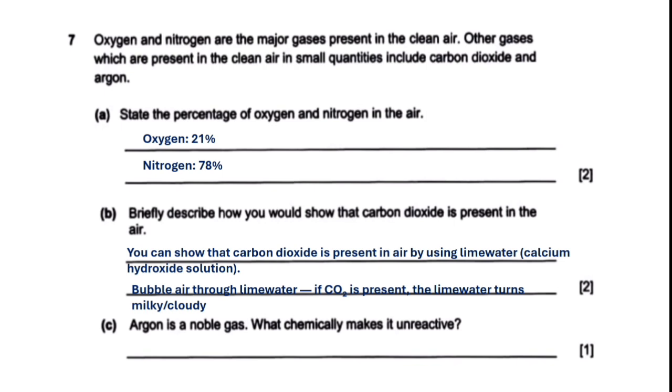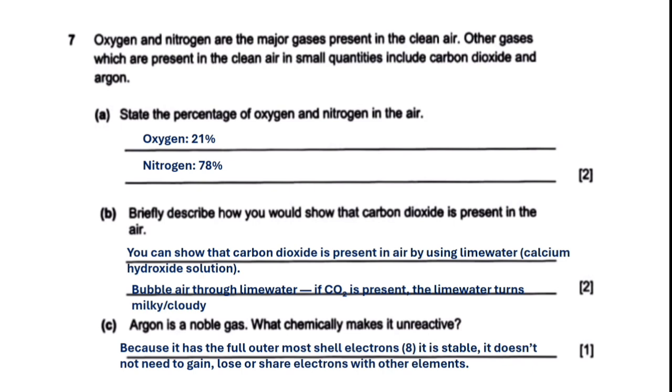So the reason is that it has a full outermost shell of electrons, which is 8 electrons. It is stable. In short, it is stable, and you can gain a mark. It does not need to gain, lose or share electrons with other elements. You can also obtain a mark.